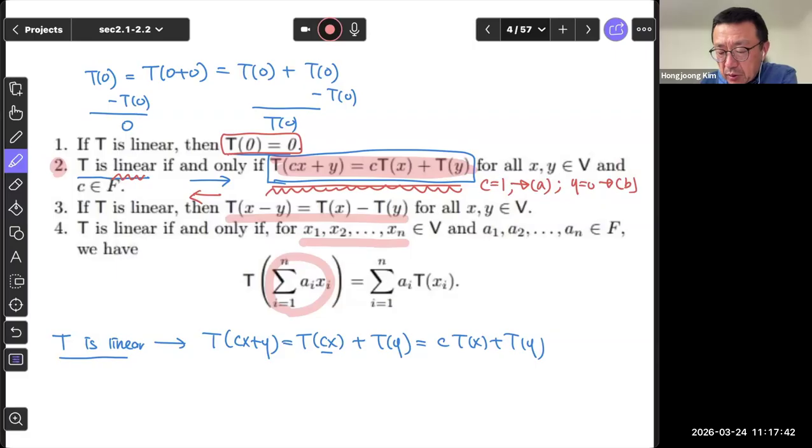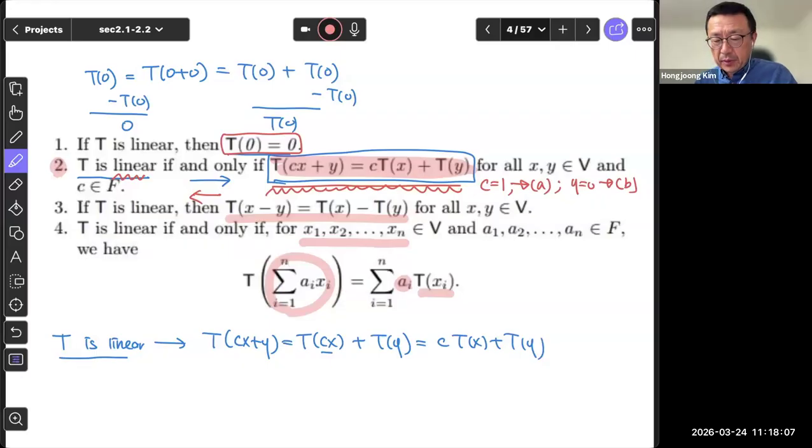Or you can consider the images of those n vectors and consider the linear combination with the same weights. The result will be the same. If your T is linear, then this result is obtained. If this result is obtained for any n vectors and any coefficients, then your mapping will definitely be a linear mapping.